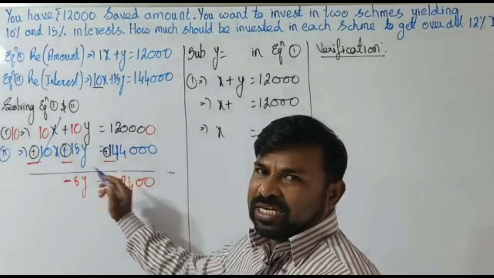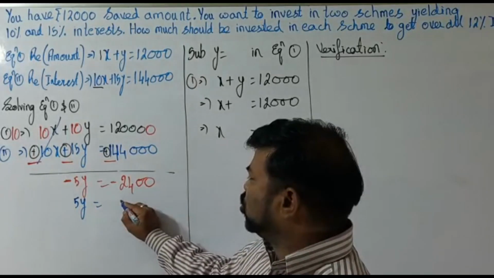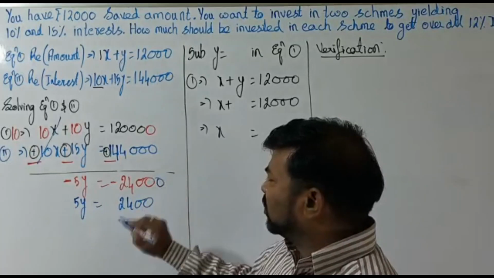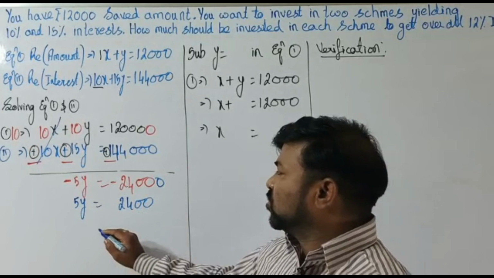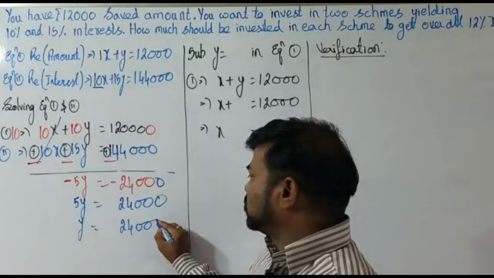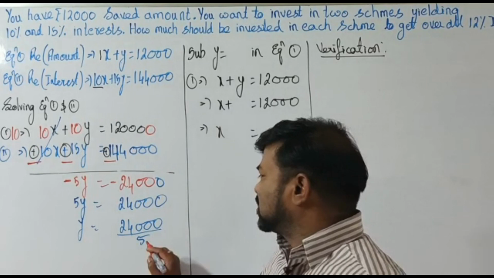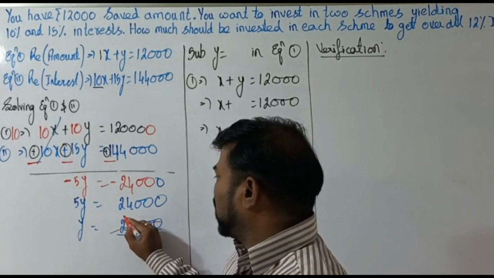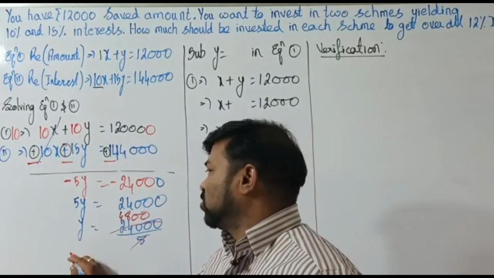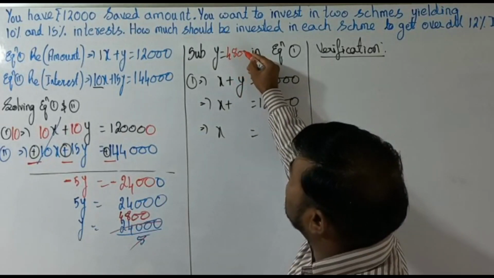If you multiply by a minus on both sides, we have 5y equals 24,000. Then y equals 24,000 by 5, which is 4800. So the y value we are getting is 4800.